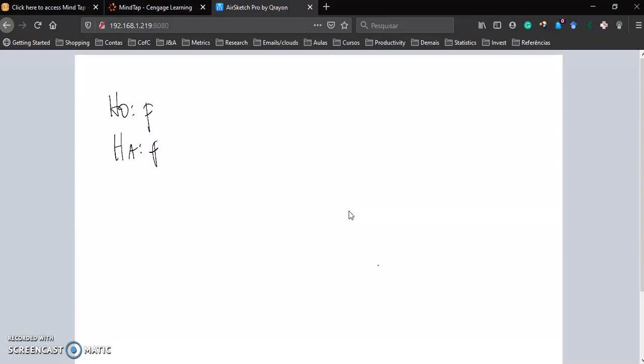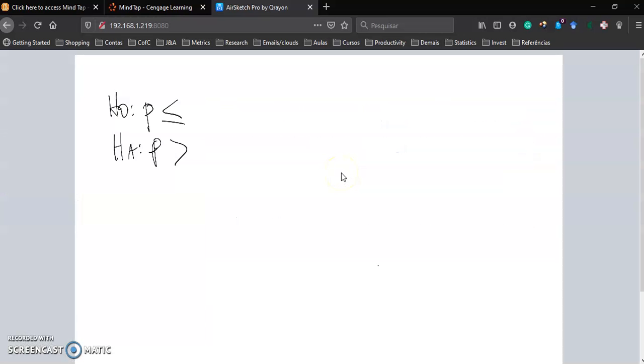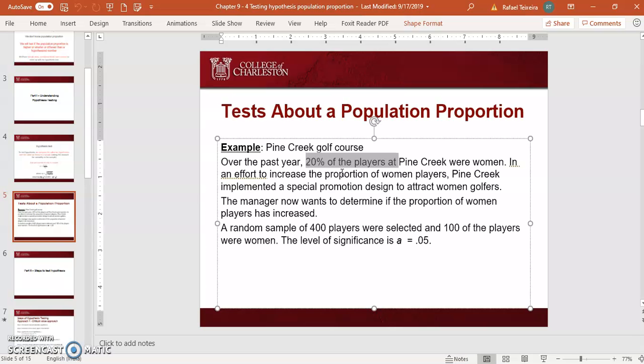So this one has increased. This one is like this. So more than how much? 20% over the past year, so it's 0.2. So this is the hypothesis here.